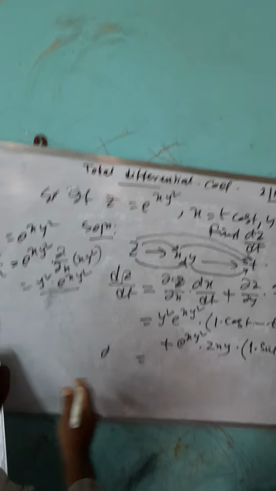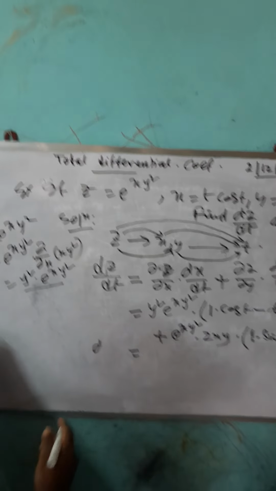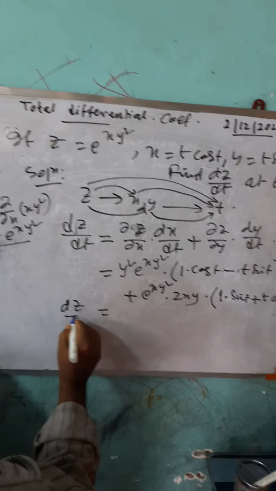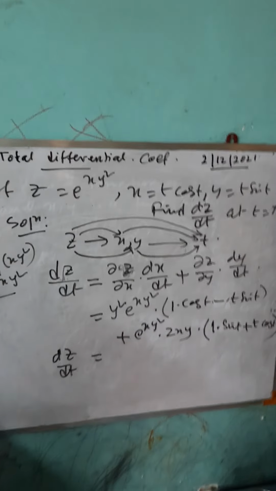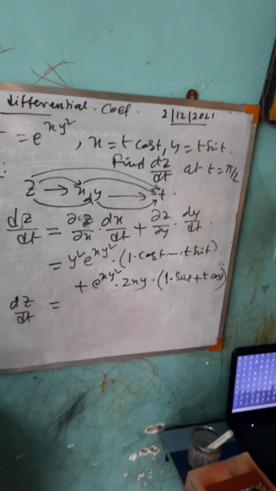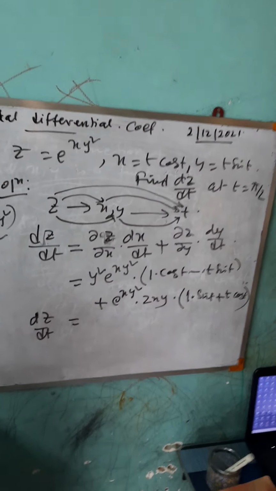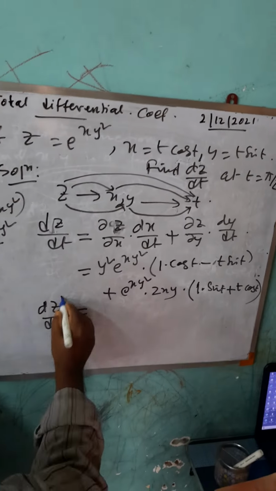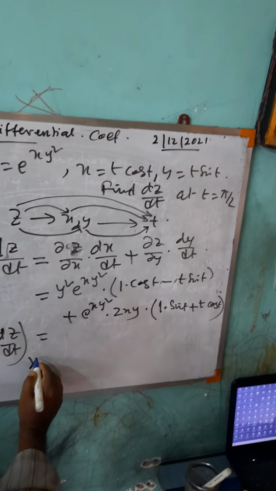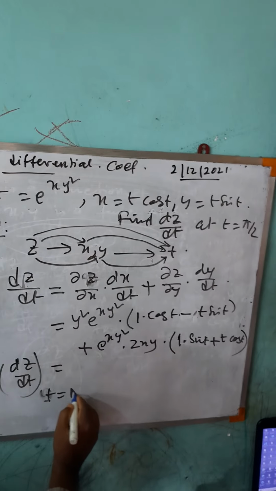dz/dt. We evaluate dz/dt at t equal to pi by 2.